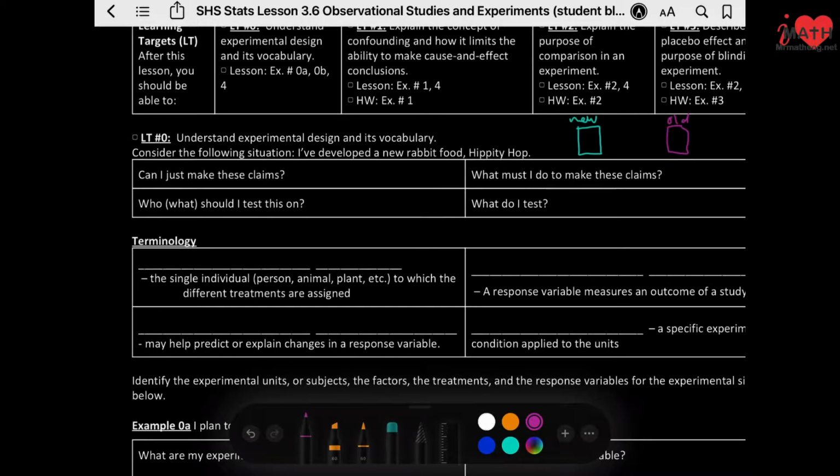What's awesome about this new rabbit food, this hippity hop, is it makes the rabbits' fur soft and shiny, increases their energy, gives 100% of their daily vitamins, and essentially oils. Okay, question. Can I make these claims? No, you can't, because you're just saying a bunch of stuff, but no facts, right? What must I do to make these kinds of claims? Well, you're going to have to do an experiment.